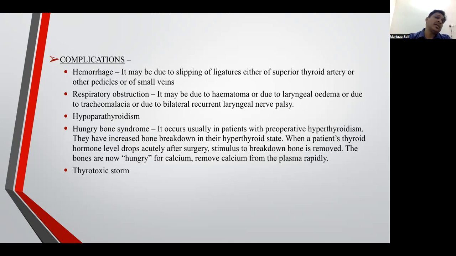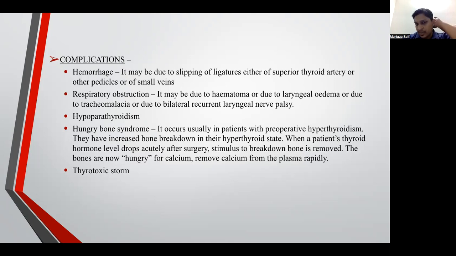As I showed you in the photograph, the recurrent laryngeal nerve lies very near the thyroid gland isthmus, and the chances of its injury are very high, so it may also cause respiratory obstruction.